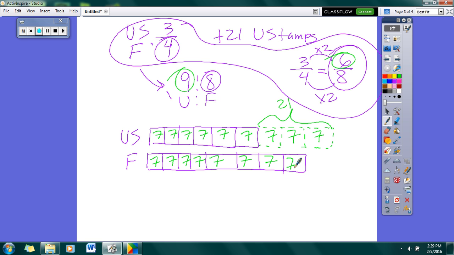So the question asks, how many foreign stamps did Sam have? Well, if I had 8 and I multiply that by 7, I know I have 56 foreign stamps. And then how many U.S. stamps did Sam have in the end? Since I have 9 times 7, this is going to be 63 total stamps. Okay, so that's how to do the example before guided practice problem number 5.